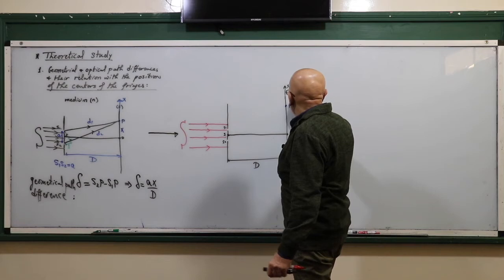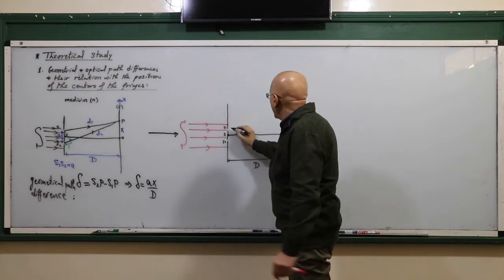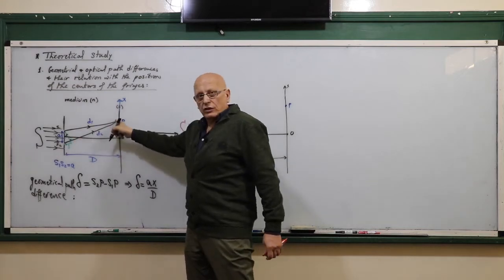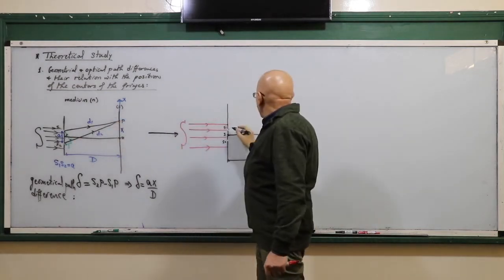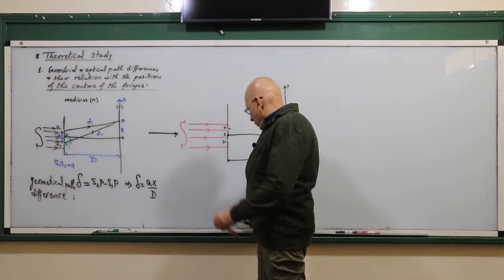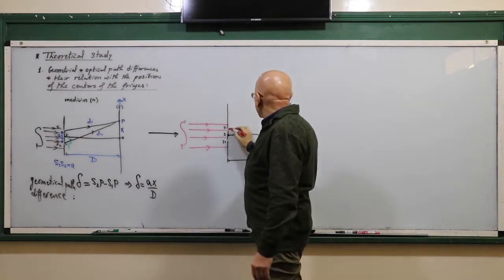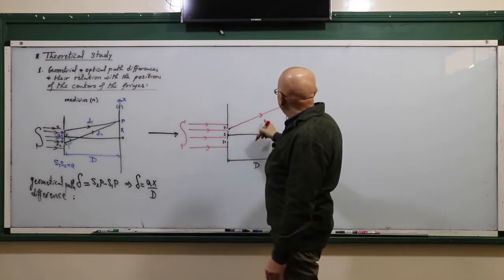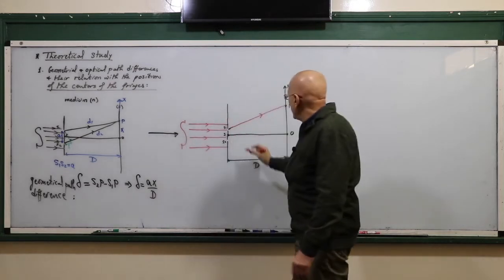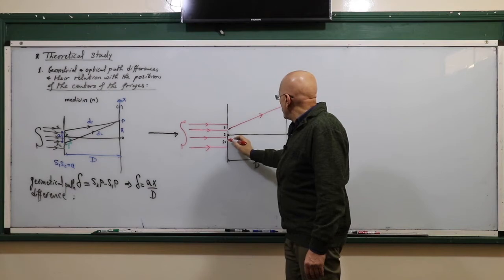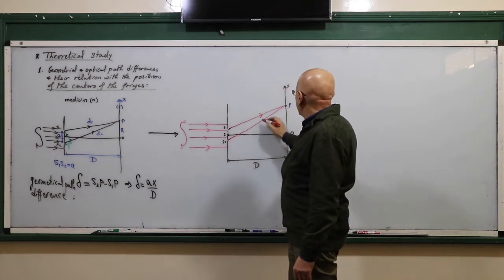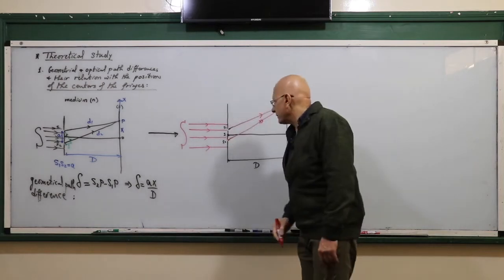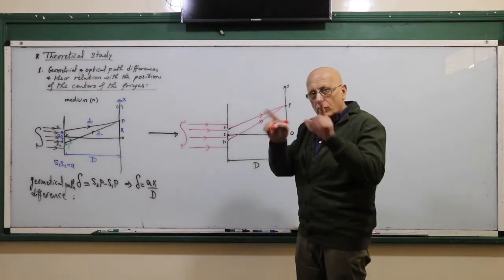Now the distance S1P, this is the geometrical path. The corresponding path is S1P prime, which is longer than this one. Also here, S2P is longer than this S2P. So I am going to call it S2P prime.